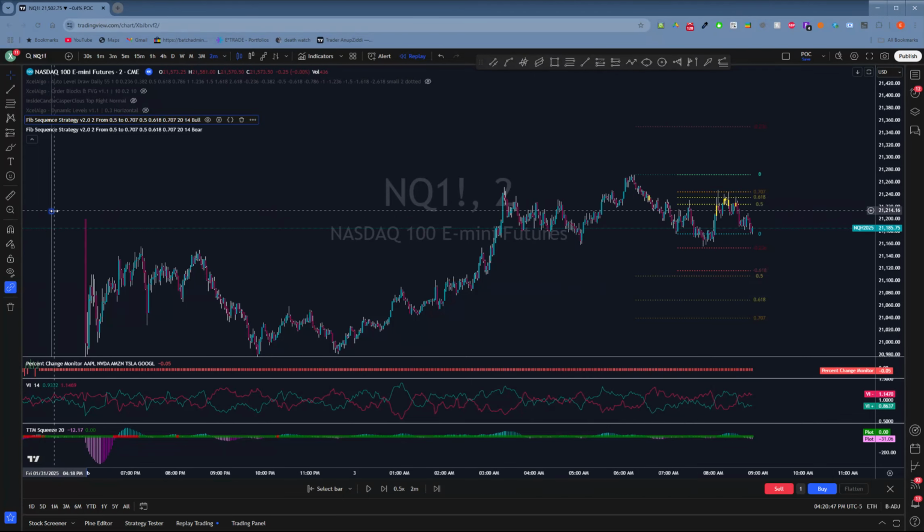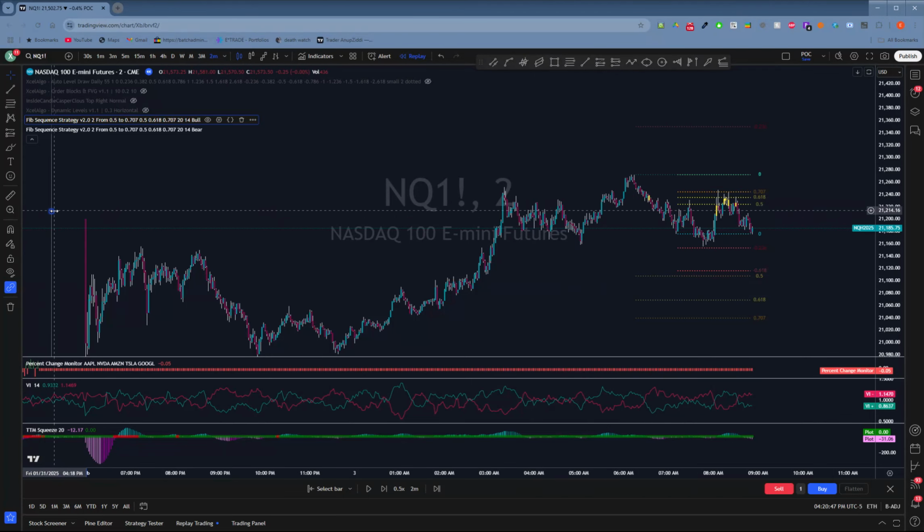But if we do get a rejection in the golden zone here and it becomes a valid fib, then we can take the trade. But remember, you have to watch it. You can set a limit if you want. There are other confluences that you can add here, but these Fibonaccis are going off of basically the algorithms in the market.